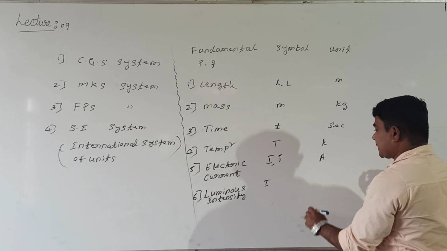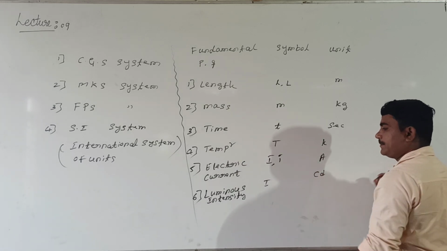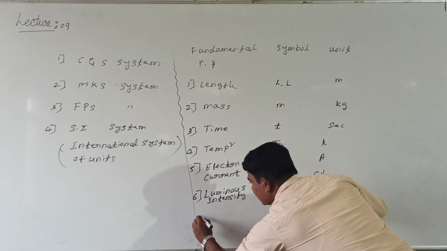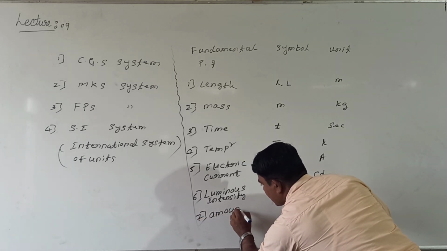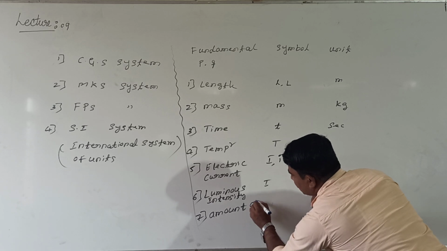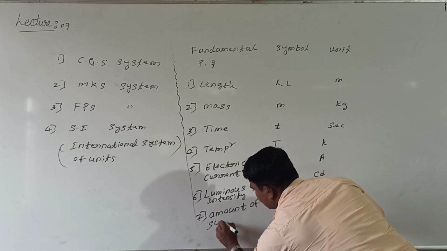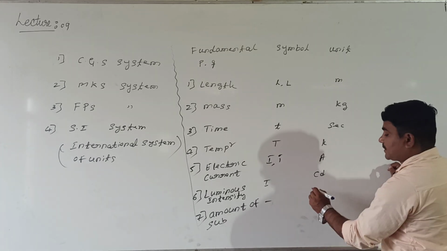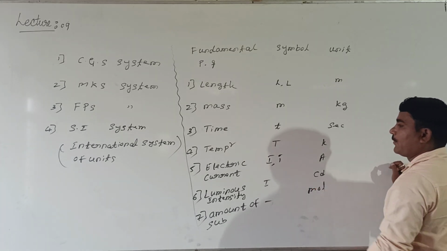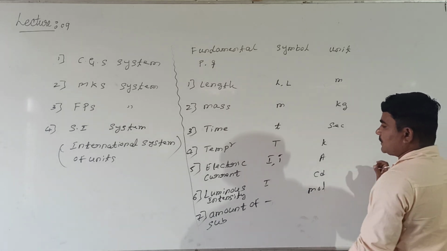SI unit of luminous intensity, that is candela. Last one is amount of substance. Right? It has no symbol. And SI unit of amount of substance, that is measured in terms of mole. Right? Are you following this?